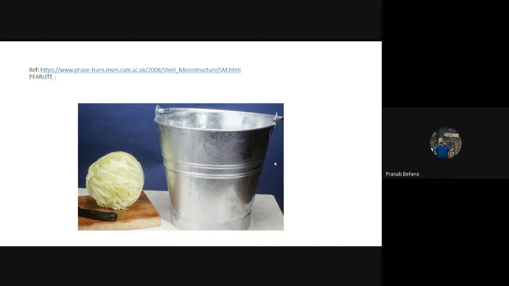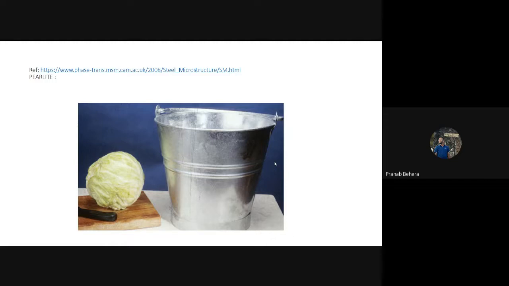You have to say it like this, the new definition as I am saying. Pearlite is a bicrystal. Bicrystal means two crystals. One crystal is ferrite crystal and the other crystal is cementite crystal. So it is a bicrystal of ferrite and cementite interpenetrating one another.